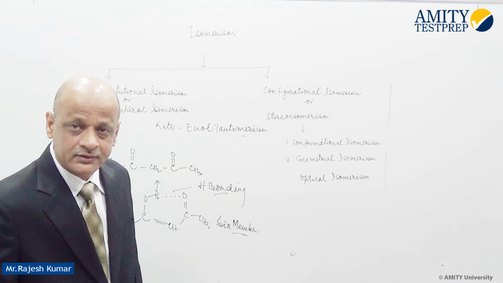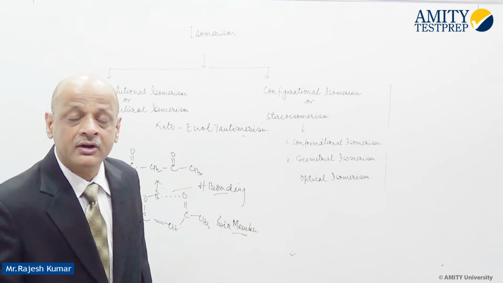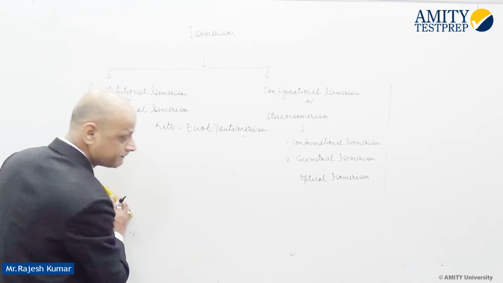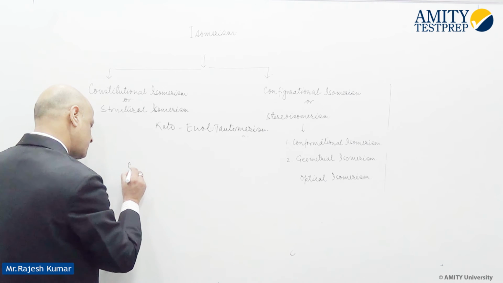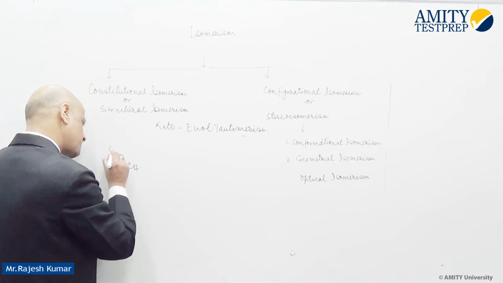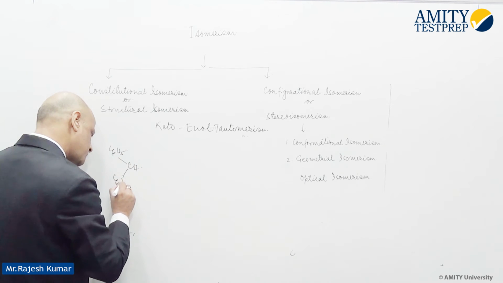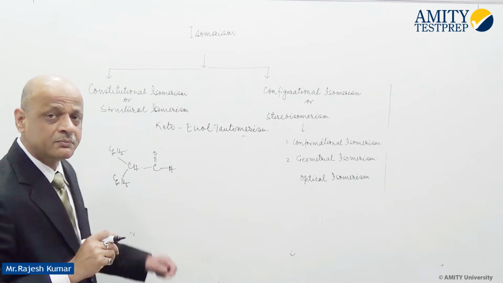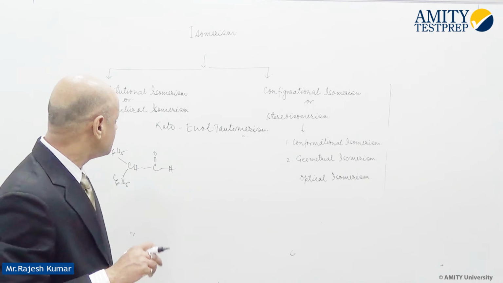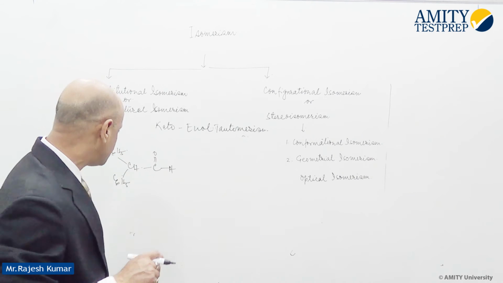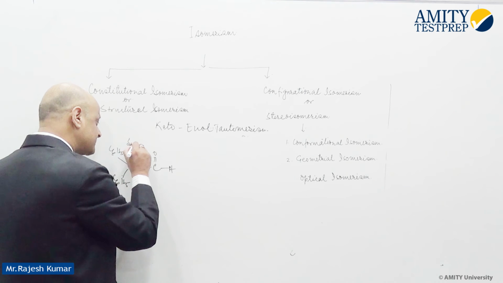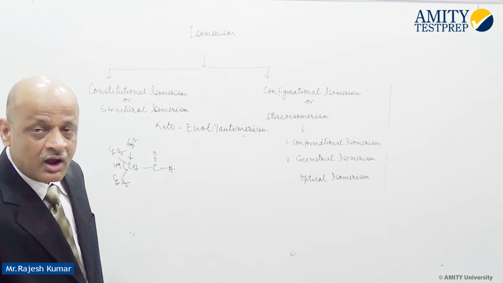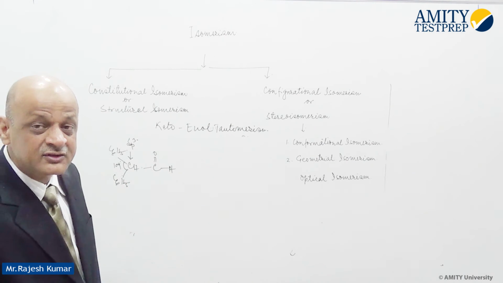Another example is here, the steric effect. The steric effect is also very important to determine the stability of keto form or enol form. Take an example here. In this case, there are two bulky groups present at the alpha carbon, which makes the molecule highly strained. Since this carbon is sp3 hybridized, the bond angle is 109 degrees, so steric hindrance or steric strain is very predominant.